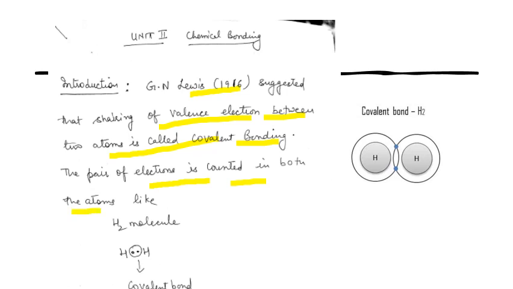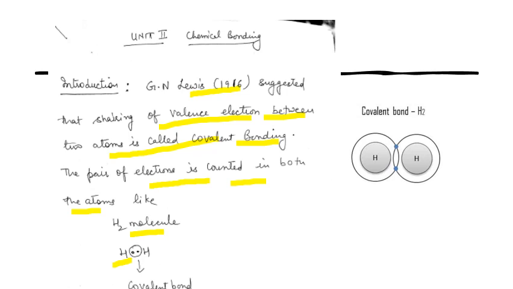For example, if we see the hydrogen molecule, the hydrogen atom has one electron and the other hydrogen atom also has one electron. If they both share their electron, it becomes two, which attains the electronic configuration of the noble gas helium and attains stability.